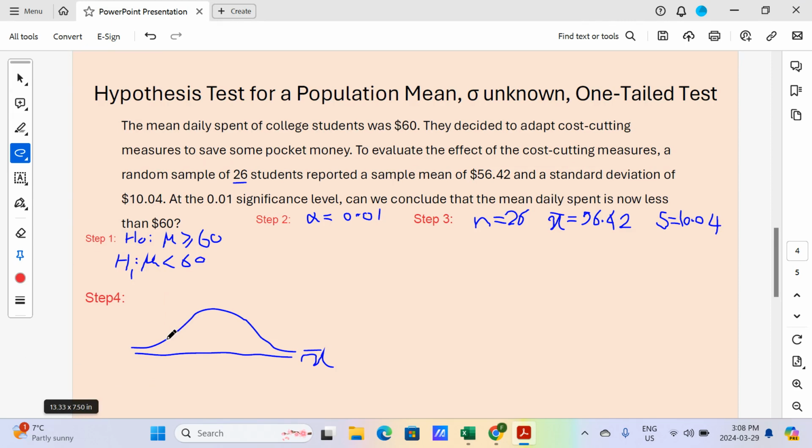So we have a rejection region on the left side. The area under the curve of this rejection region, the red part, is alpha, 0.01.